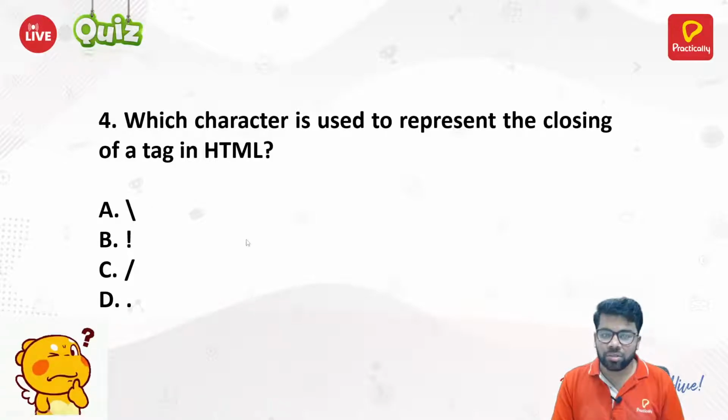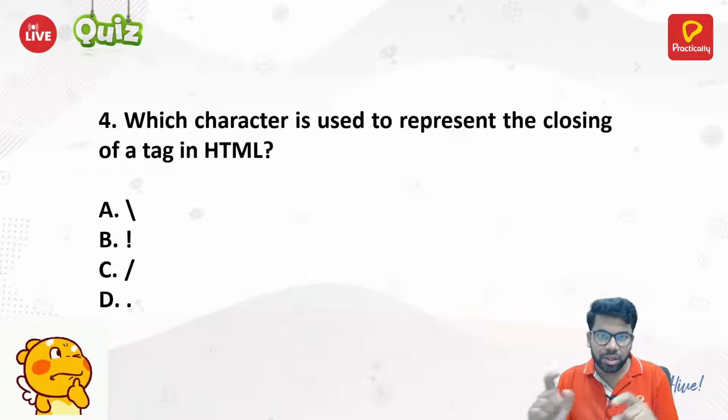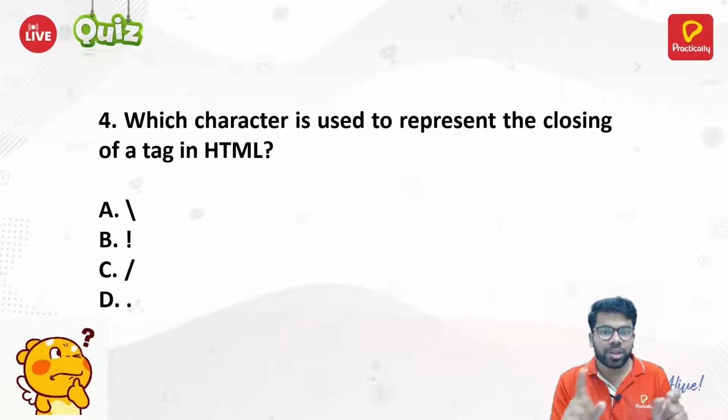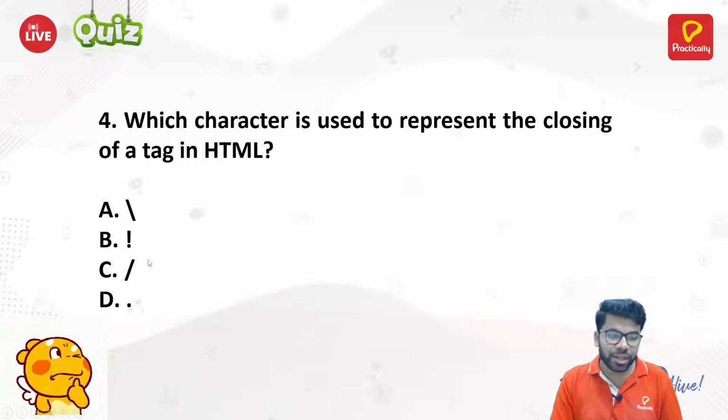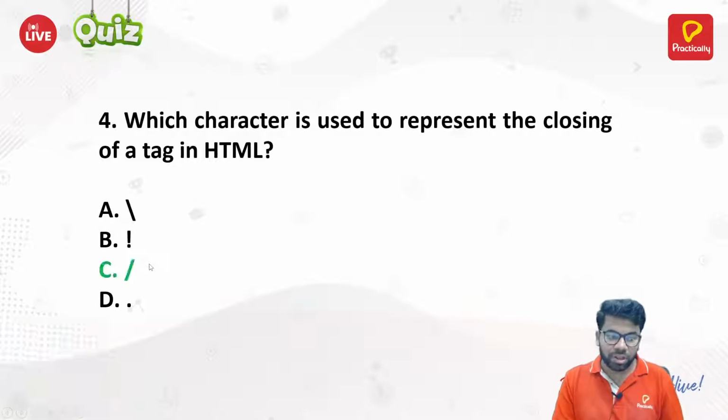You may have seen that every tag is closed with a closing tag. The opening tag and closing tag are the same, except there is one additional character at the closing side, and that character is the forward slash.